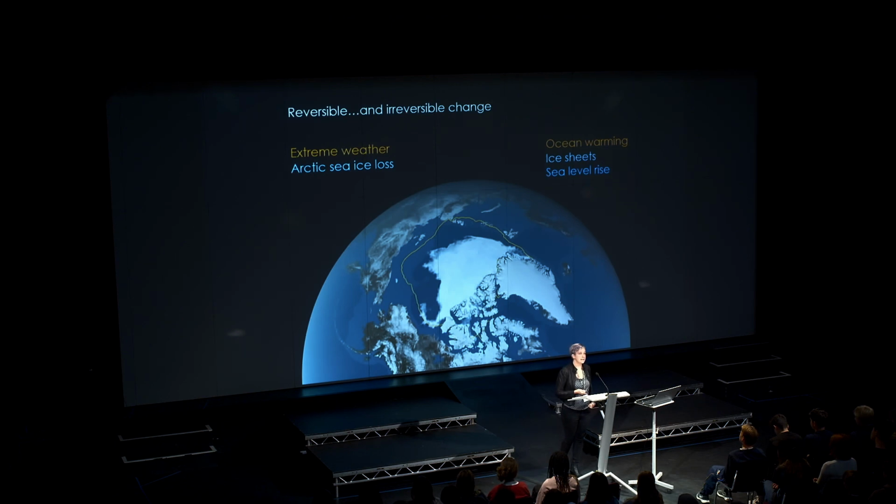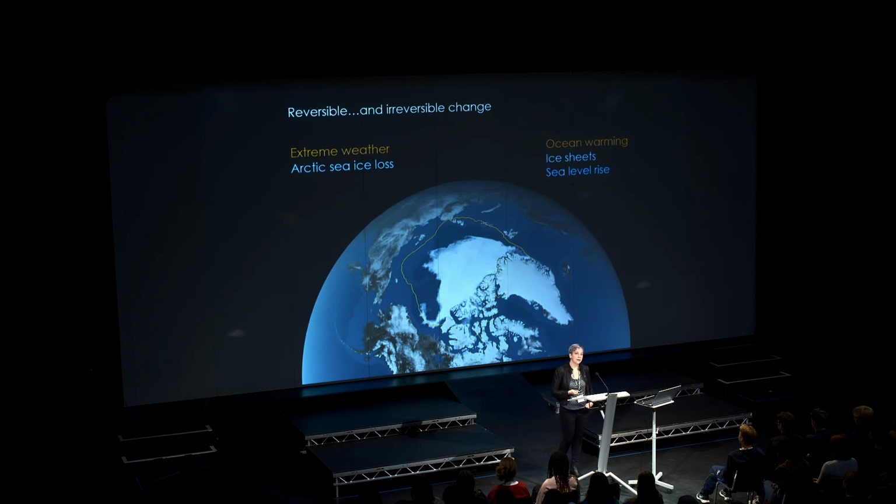And things like that Arctic sea ice loss that I mentioned, if we warm up the planet and lose Arctic sea ice, we think that if we cool the planet back down again eventually, which we think we can do eventually, then that Arctic sea ice would grow again. So that's important to hold on to, not everything we're doing is irreversible.